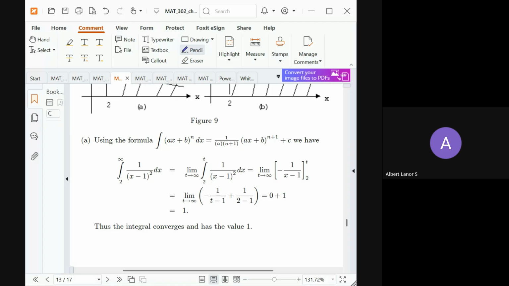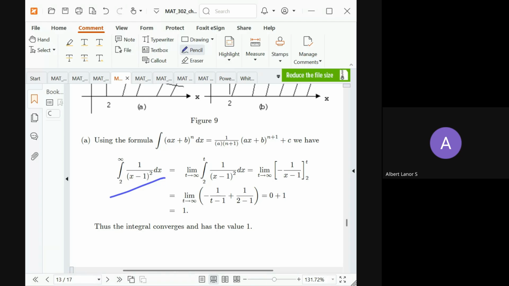So in this example, we want to integrate 1 over x minus 1 squared dx. Now, to integrate this function, you use the one that we did earlier. So you take the power, that will be -2, add 1 to it, it will be -1.